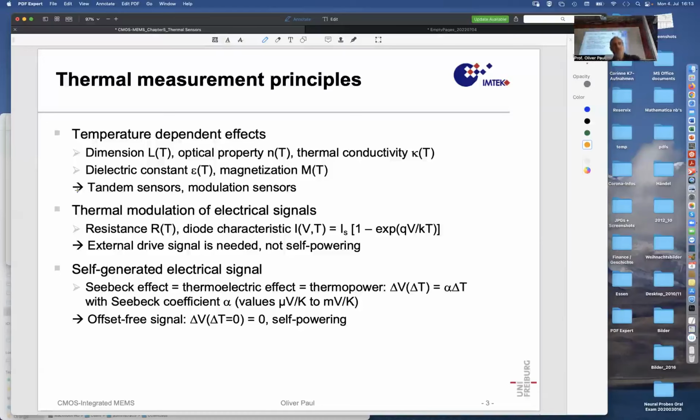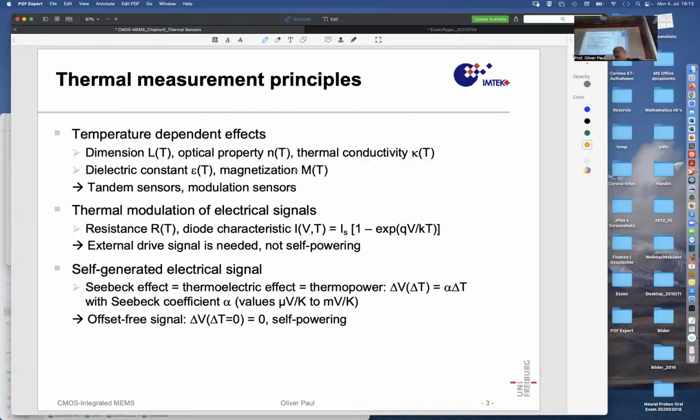So, of course, thermal measurements are important. You will see these applications that I mentioned in detail, but usually they rely on some temperature-dependent property, something that may vary with temperature, and you know many things that vary with temperature, such as the dimension through thermal expansion, optical properties, since the refractive index is a function of temperature, thermal conductivity, dielectric constant, magnetization, and so on.